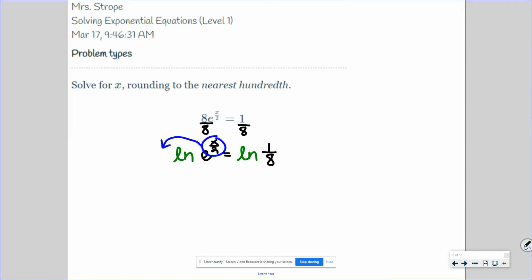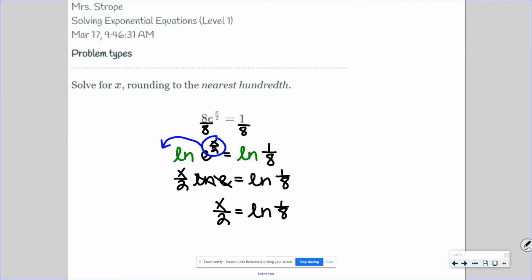Okay, now that you have a logarithm, you can apply logarithm properties, which allow you to move exponents to the front. So I have ln of e. Remember, ln of e cancels each other out and just leaves you with 1. So really, you just have x over 2 equals ln of 1/8.